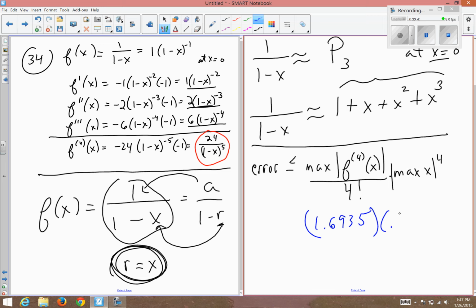So put times 0.1 raised to the fourth here. So that comes out to be 1.6935 times 10 to the negative 4.